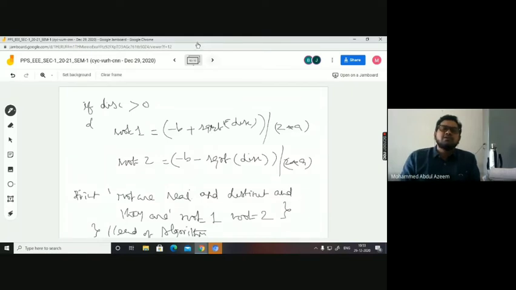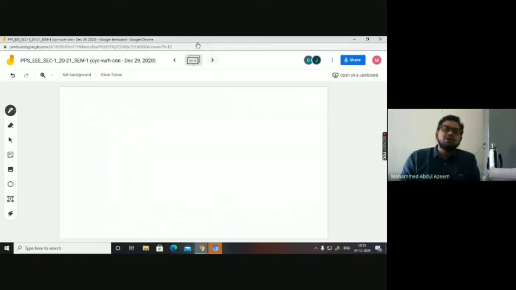Then if I have to draw the flowchart for the same, how do I do it? Draw the flowchart for the roots of a quadratic equation.